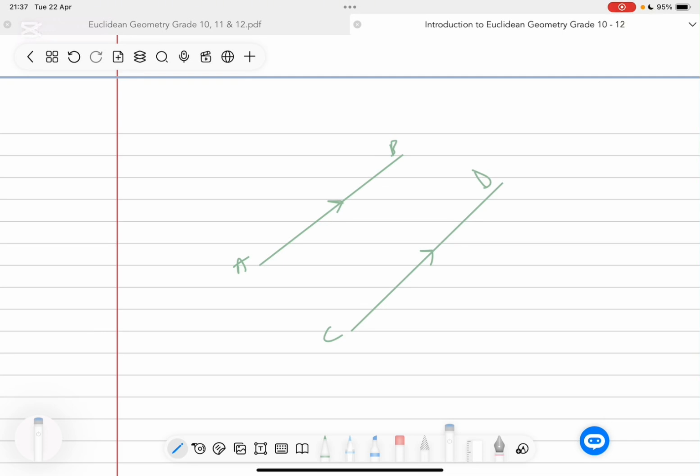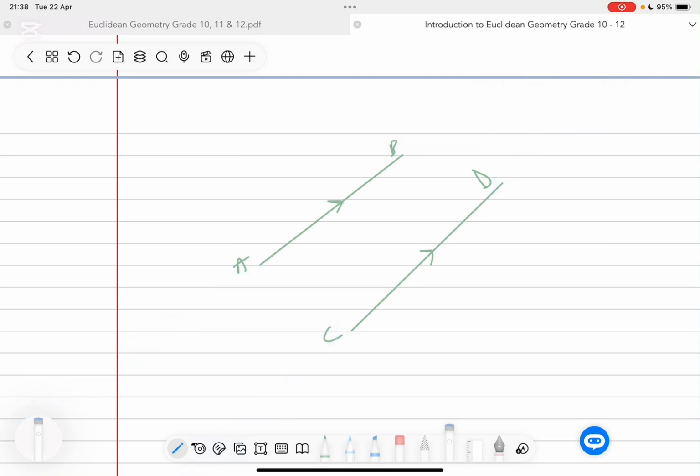Well, one of the original postulates of Euclid is that if we have a line like AB here, this line will continue going on indefinitely until infinity. It doesn't stop. And the same is actually true with line CD.